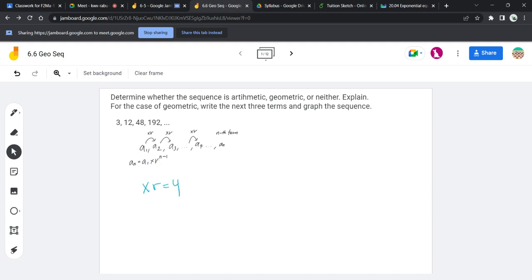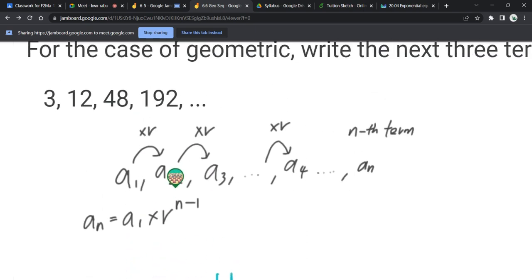So if you see, when n equals 2, we multiply by r one time. So if n equals 3, we actually multiply the first term 2 times.